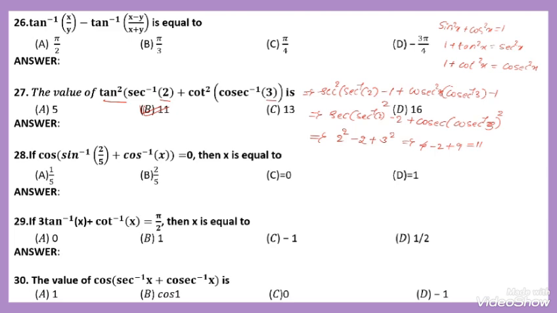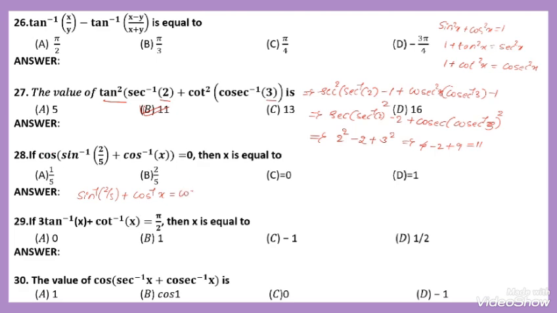Now, question number 28: cos of sine inverse of 2 by 5 plus cos inverse of x is equal to 0. We have to find the value of x. First, I take the cos function from the left side to the right side.